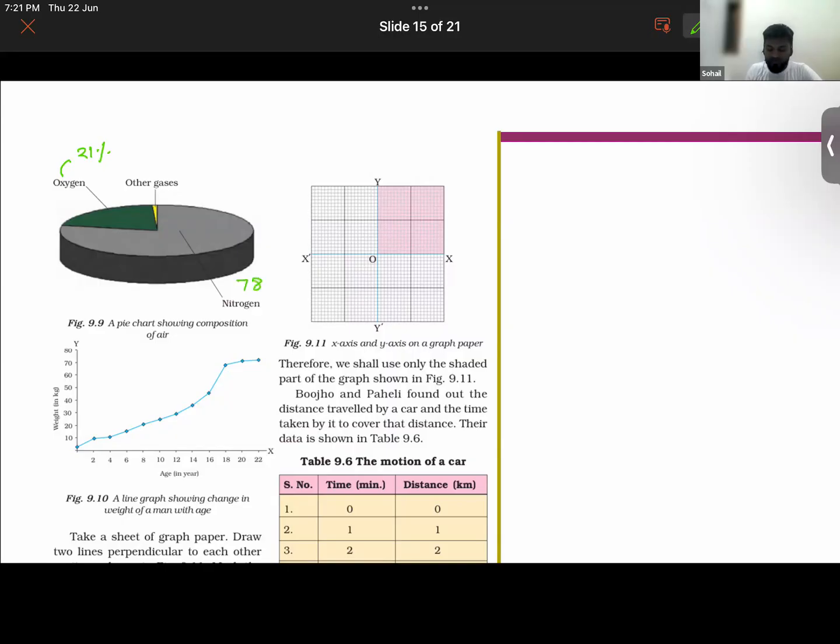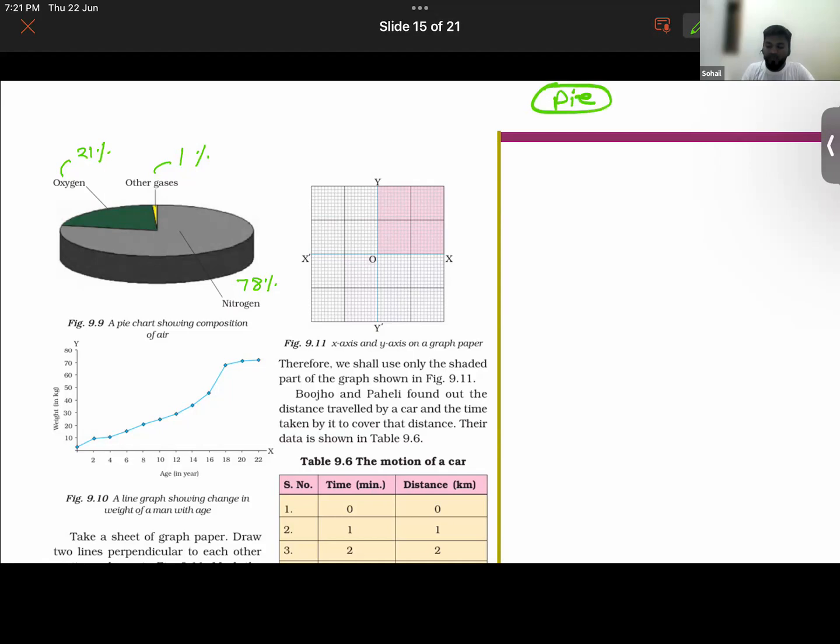Nitrogen is at 78% in nature, and other gases are 1%. So this is a graph in which the composition of different values is represented in the form of slices, isn't it? Yes, sir.